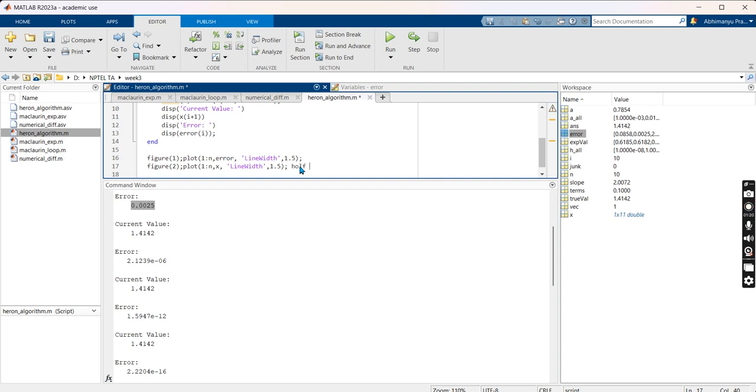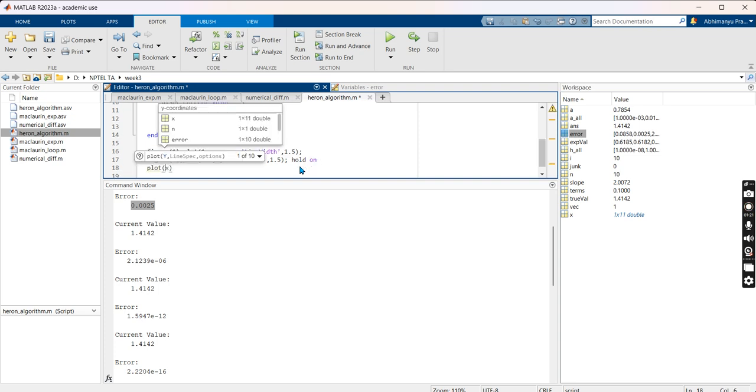On the same plot I will plot the true value, so that would be a variable from 1 to n, multiplied by ones of length n, and just multiply it by my true value, right?